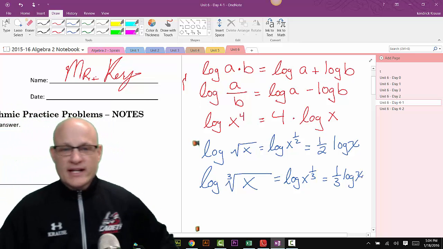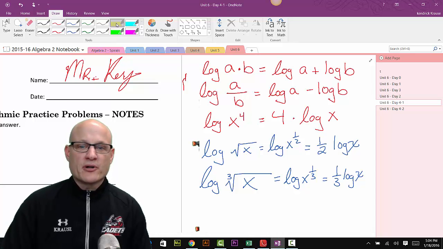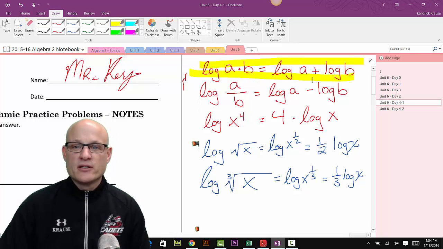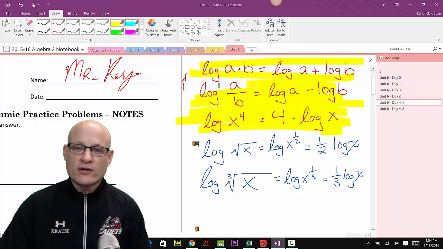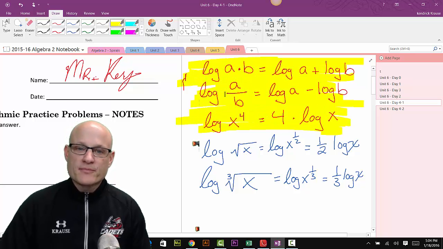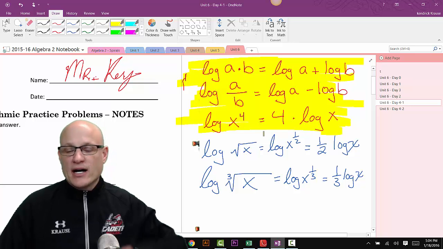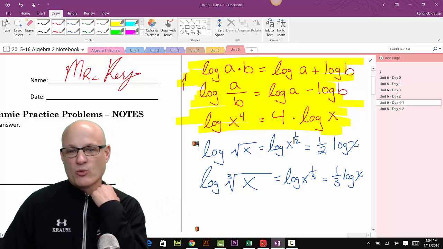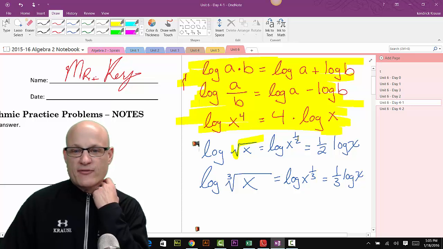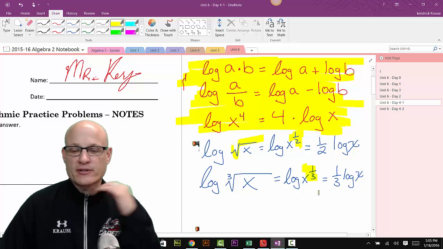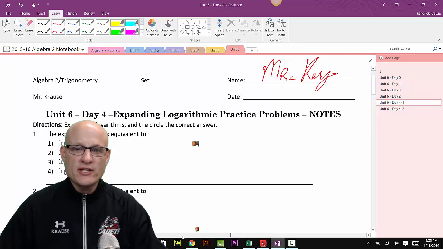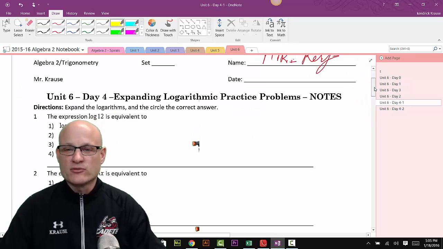So that's just a little breakdown. These 3 are the important ones you've got to remember, for the most part. And sometimes you'll get a square root, and you just have to remember that's a fractional exponent. Okay, so let's go back to the problem.